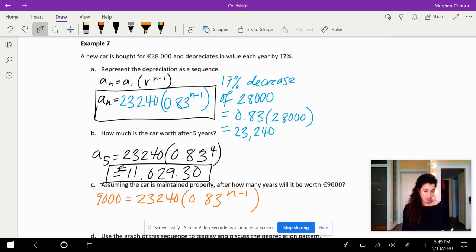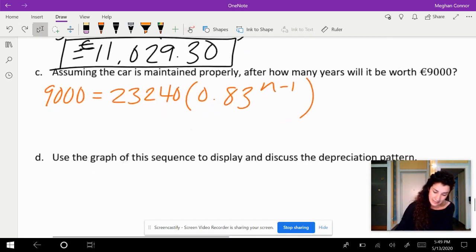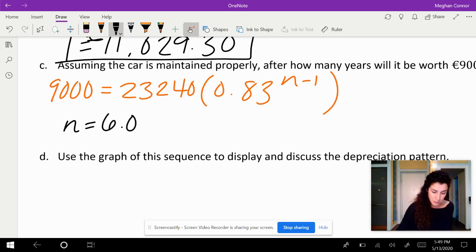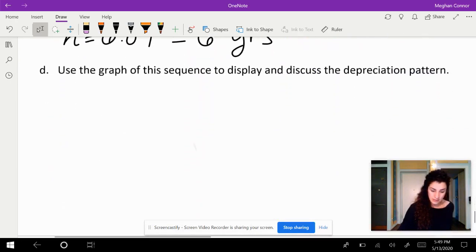I want to solve for number of years. And we should get 6.09. So 6.09 is the answer for n here. Of all of the ways you can use your calculator to solve, there's so many. 6.09 should be the answer that you get, which means 6 years. After 6 years, it'll be worth 9,000. Quite a dip from 28,000.